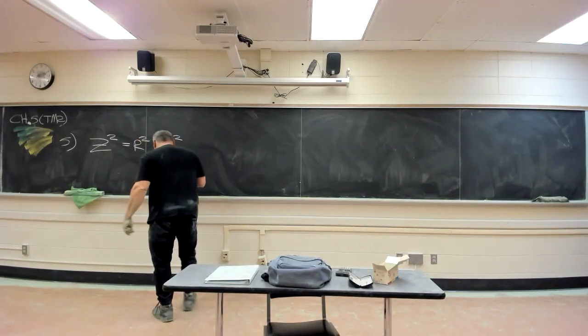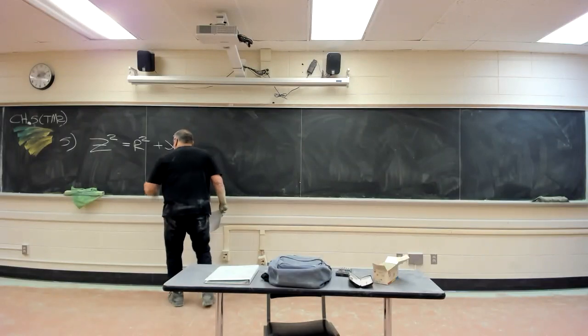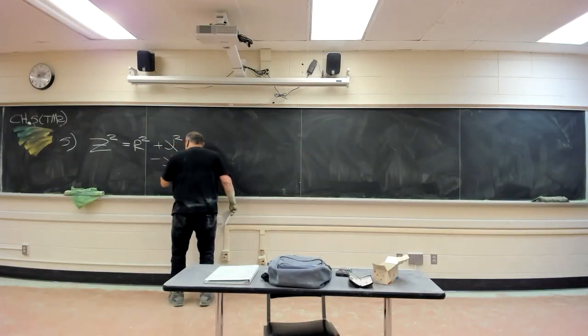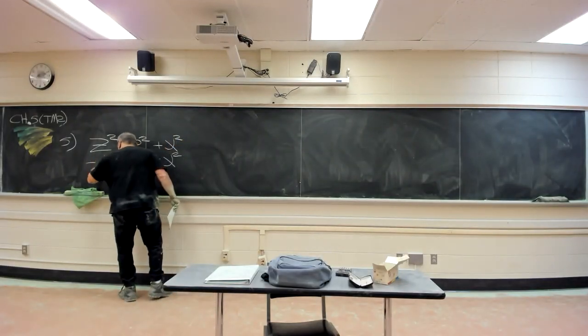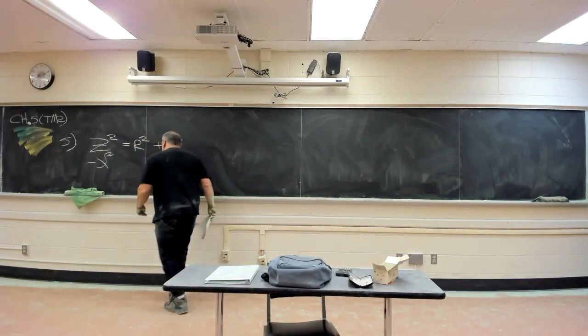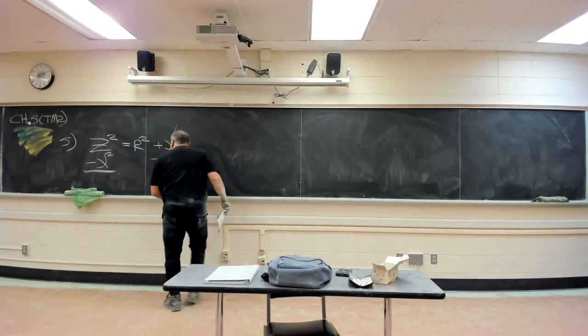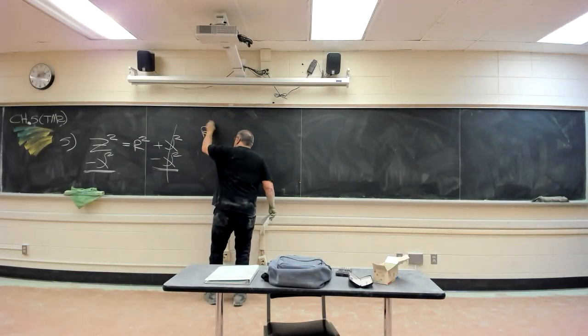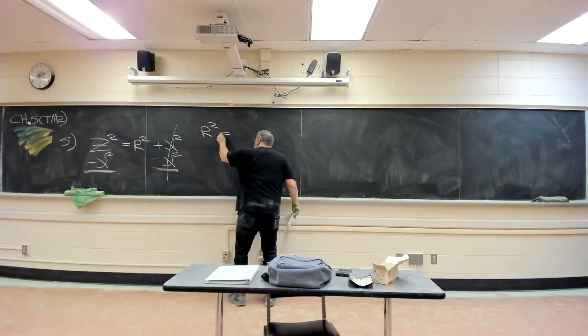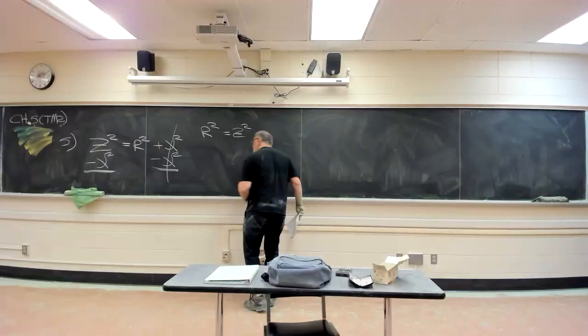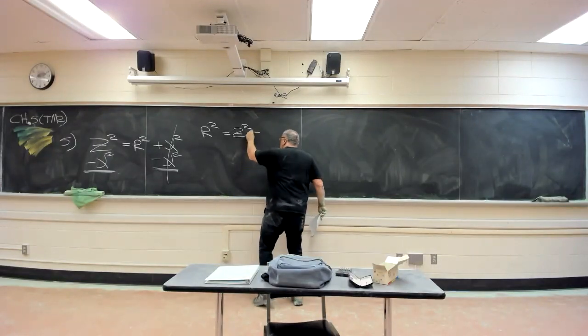Now it depends how you want to give a final answer on this thing. If you want to solve for R squared, subtract X squared on each side, and you've got R squared. R squared is equal to Z squared minus X squared.